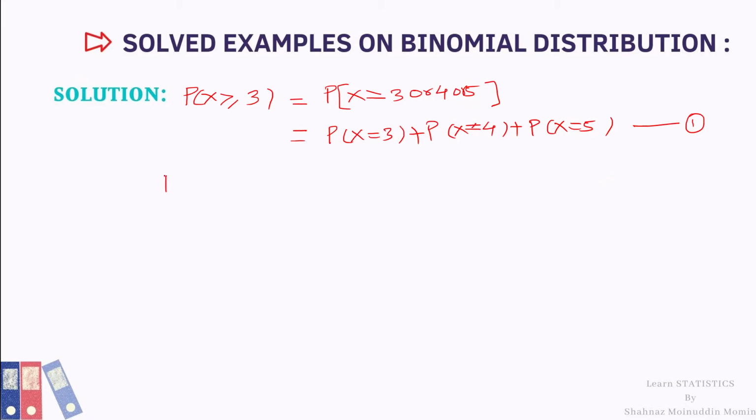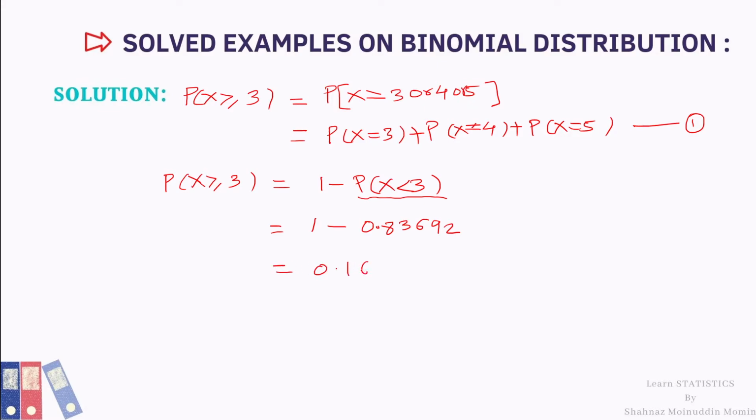The other way is to use the complement of probability. Probability x greater than or equal to 3 is equal to 1 minus probability x less than 3 by the complement of probability theorem. And we have already calculated probability x less than 3, which is 0.83692, so the answer is 0.16308.